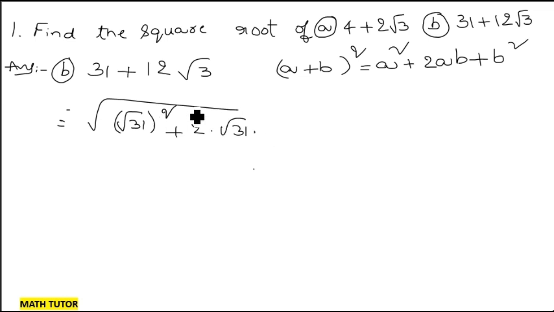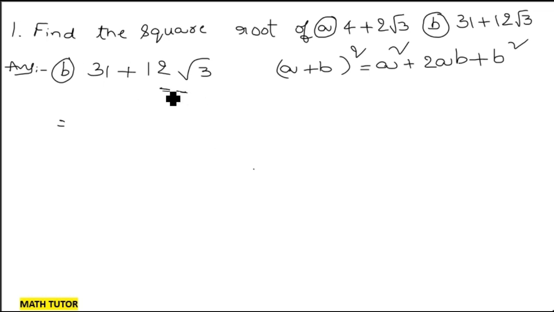Can you write like this? No, it is wrong, right? So what should I do? I have to find a way where I can write 31. So let us start with this, because 31 is getting difficult for us. So let us start with 12 root 3: 2 into 6 into root 3.